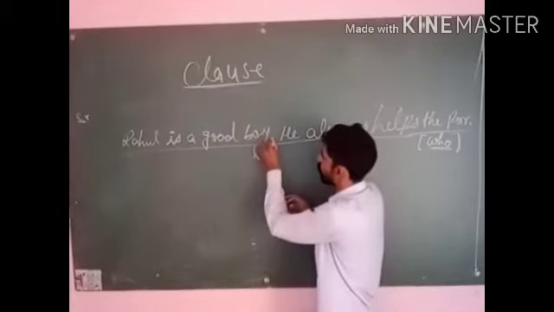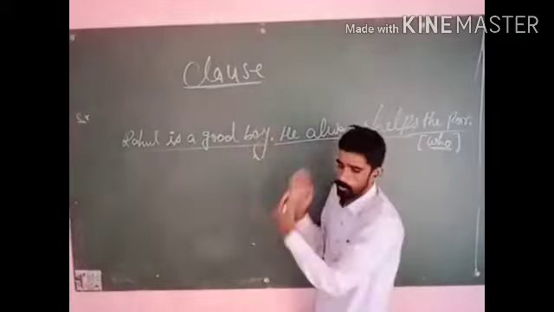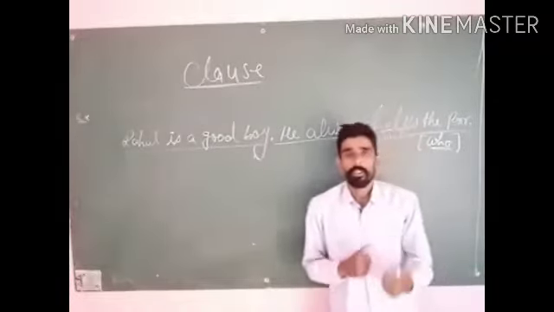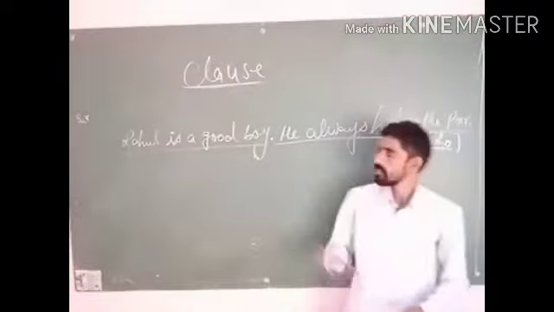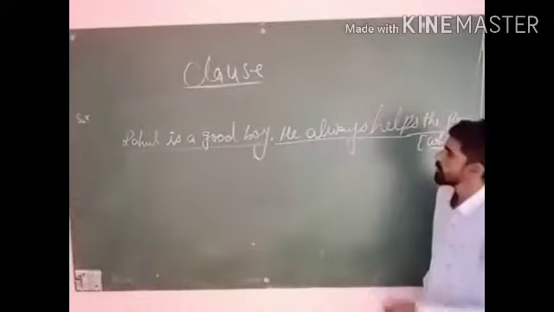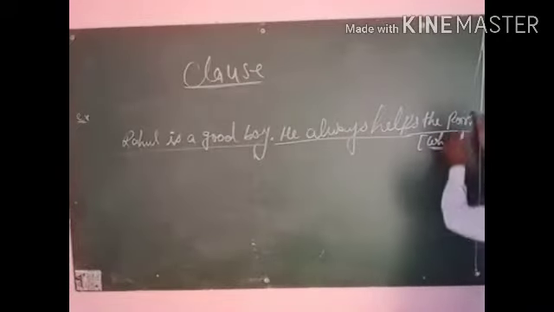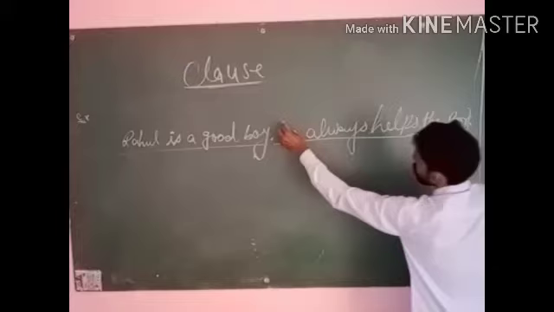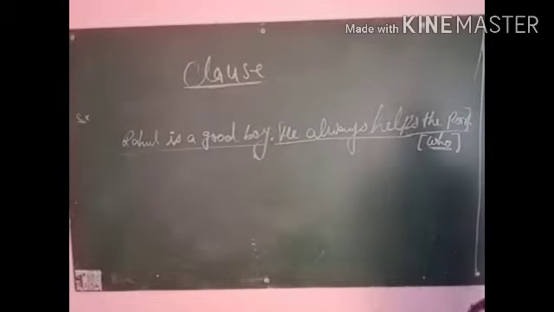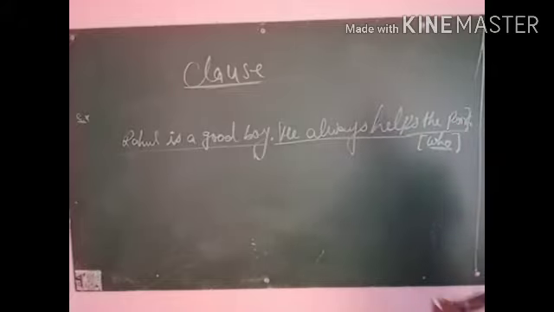This is the first clause, and if we include the full stop in this sentence, in that condition it becomes a complete sentence. He always helps the poor. From he to the poor, this is a main clause.